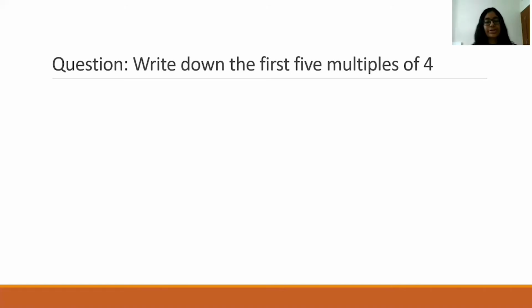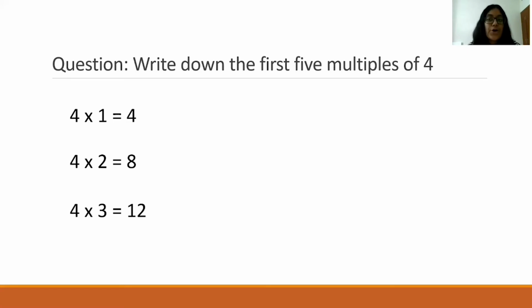Now let's do a question. Write down the first 5 multiples of 4. We know that 4 multiplied by 1 is 4. 4 multiplied by 2 is 8. 4 multiplied by 3 is 12. 4 multiplied by 4 is 16.